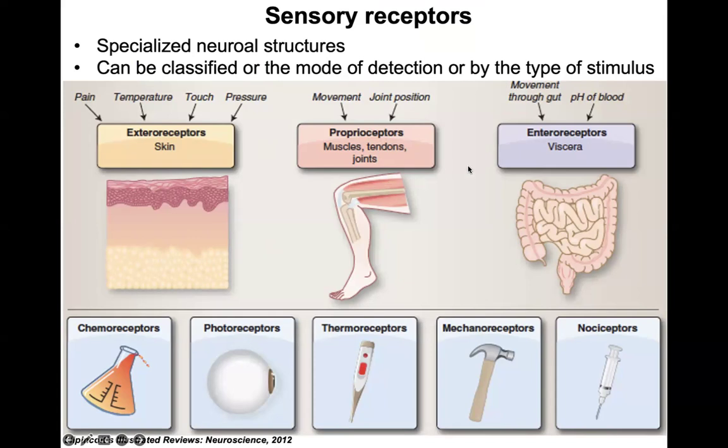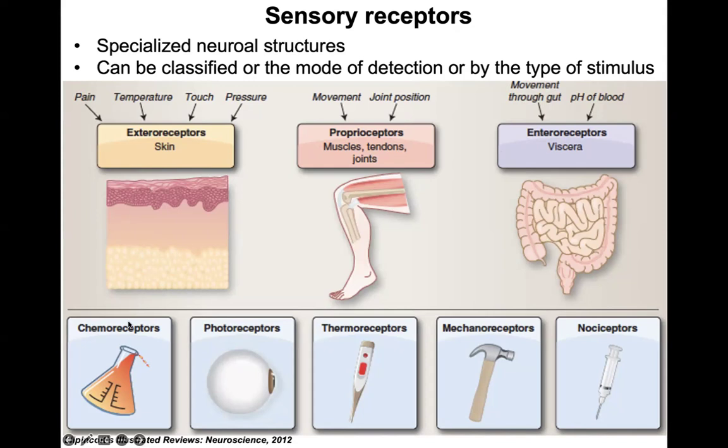You also have receptors inside the internal organs, which you call enteroreceptors, in the viscera. For example, they detect the movement of your gut and the pH of your blood as well. So this is based on locations.